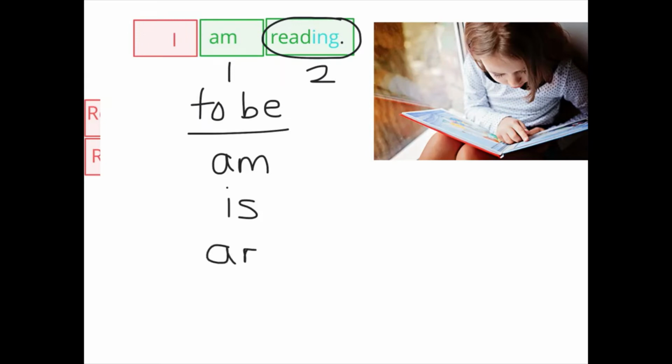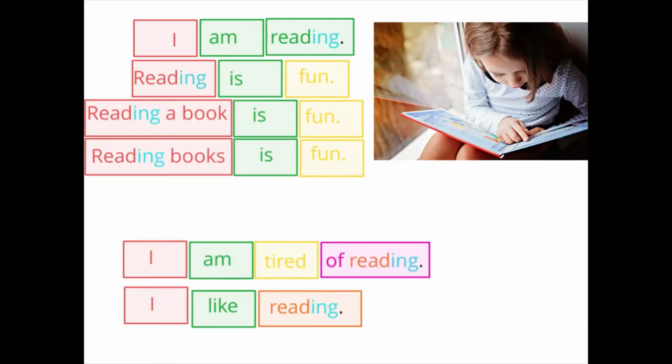And are, which is for a person, place, or thing that is more than one, or the word you. So these sentences are examples of how we can use ing words. We take an action verb like read, and then we add ing, and we can use this either as a verb or as the act of reading, which would be a noun.